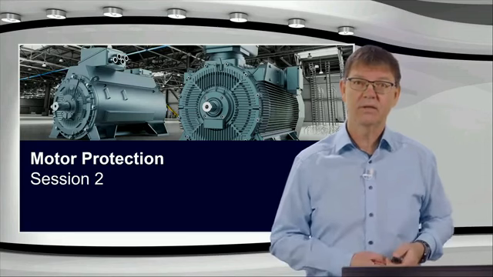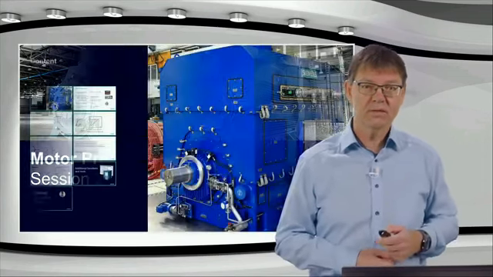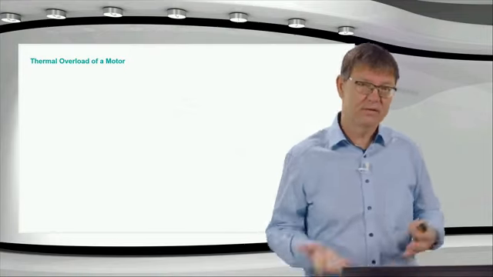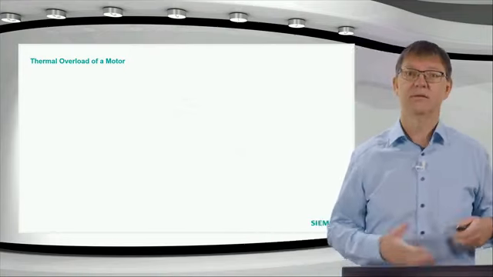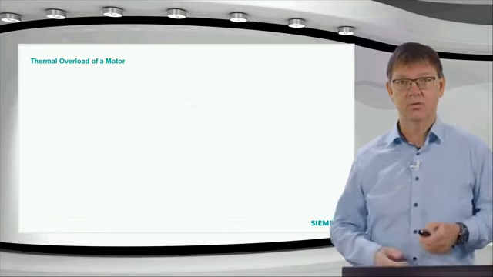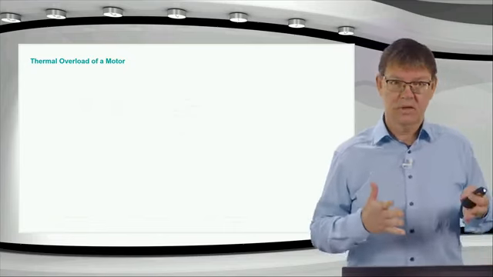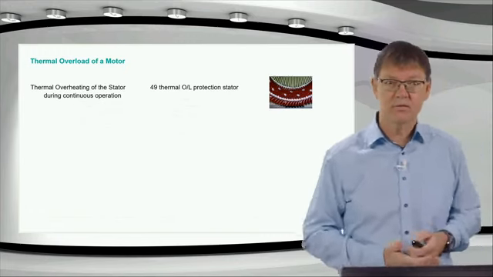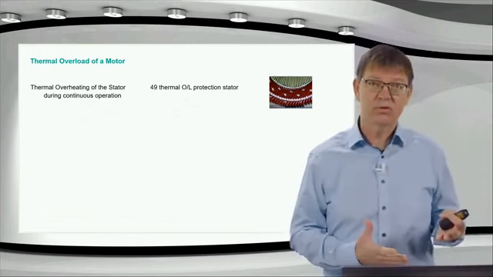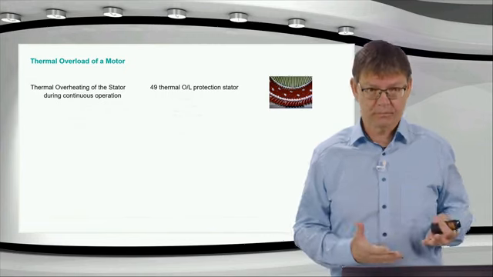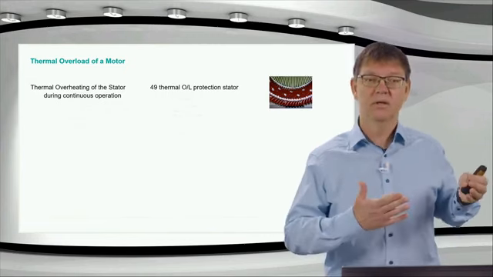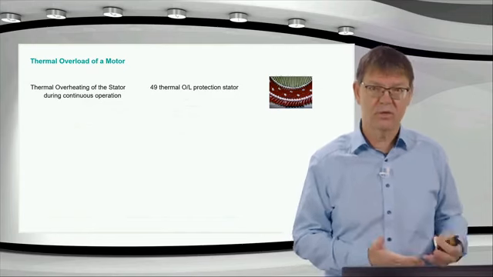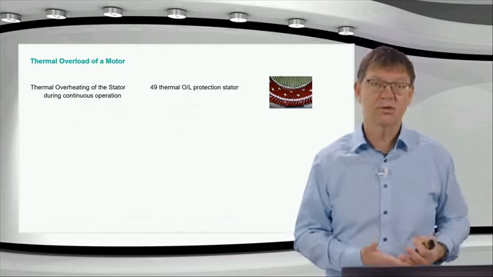Okay, let's go directly into the topics. A short refresher. We had this slide already in the first tutorial, just to make a short summary and to come all together to the same level. Thermal overload protection of a motor. On the one hand, we have an overheating of the stator during continuous operation. This is normally during continuous operation.